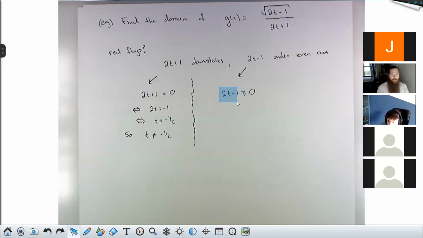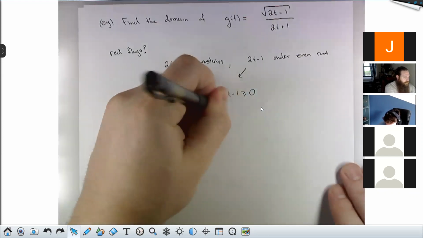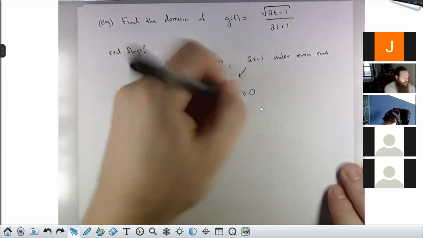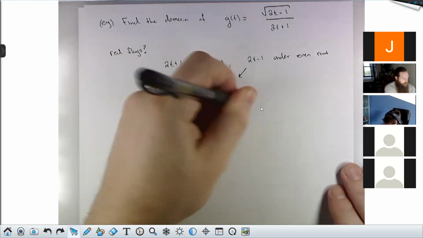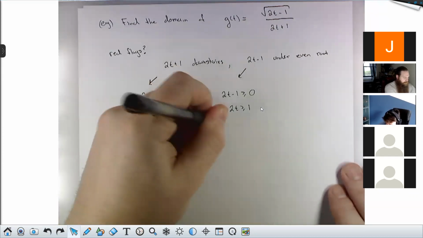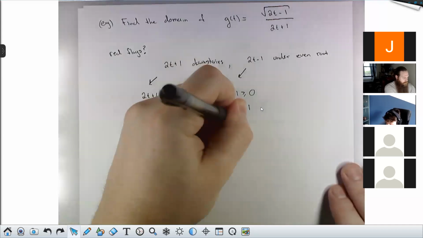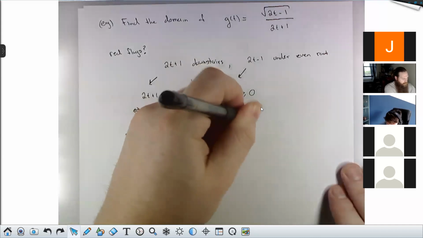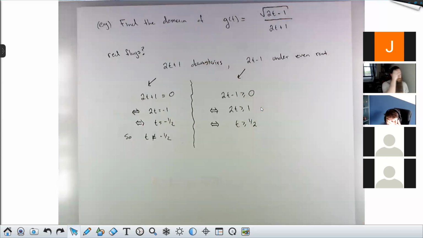The graph of this would be a straight line. So we can solve this guy just using regular algebra without thinking too hard. I can add 1 to both sides of this inequality. That gives me 2t is greater than or equal to 1. And then I can divide both sides by 2, getting t is greater than or equal to 1/2.